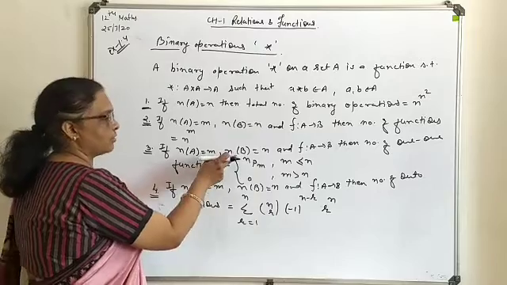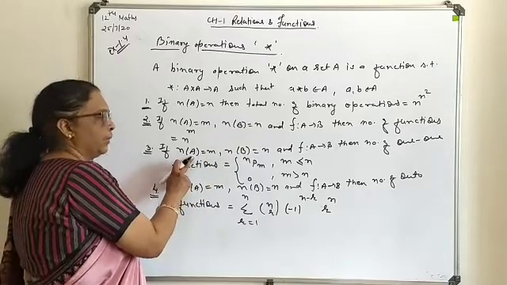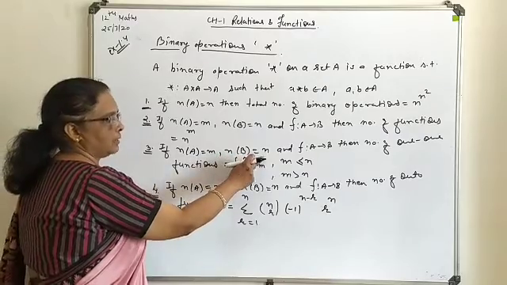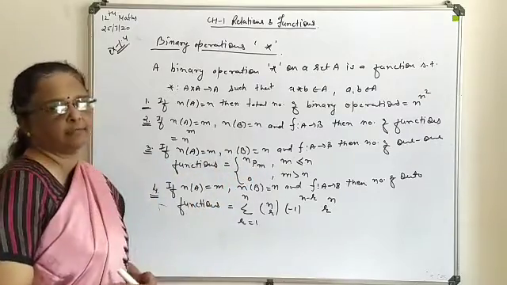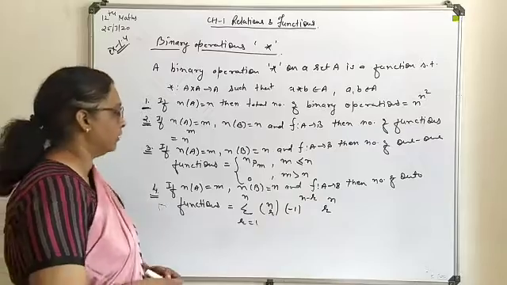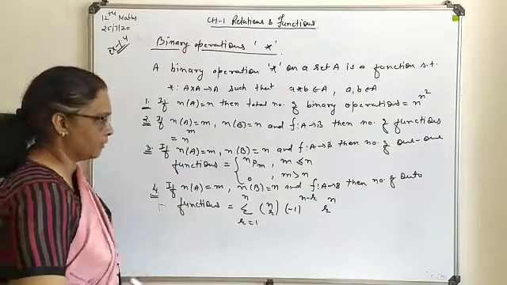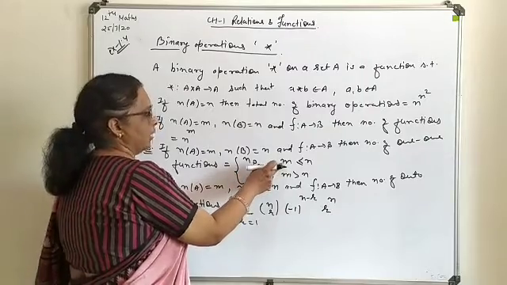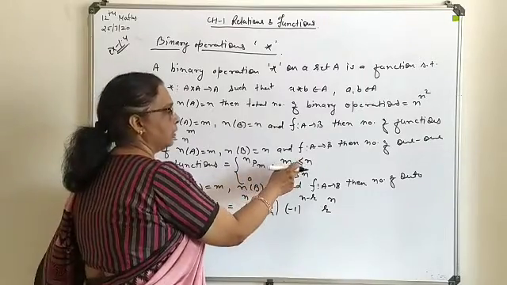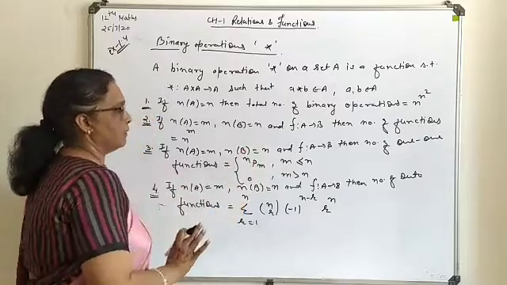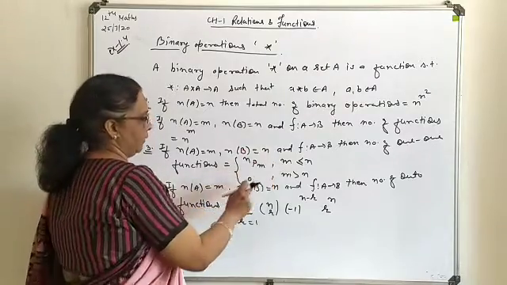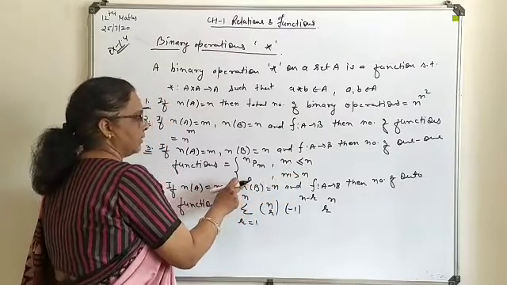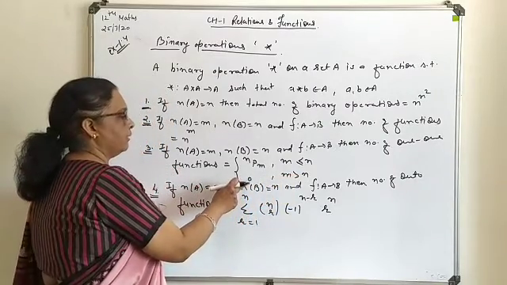Secondly, with the same information, number of elements in set A is m, in set B is n, and the function is defined from A to B, then the number of one-one functions is n permutation m, where m is equal to or less than n. Secondly, if m is greater than n, then the number of one-one functions is zero.